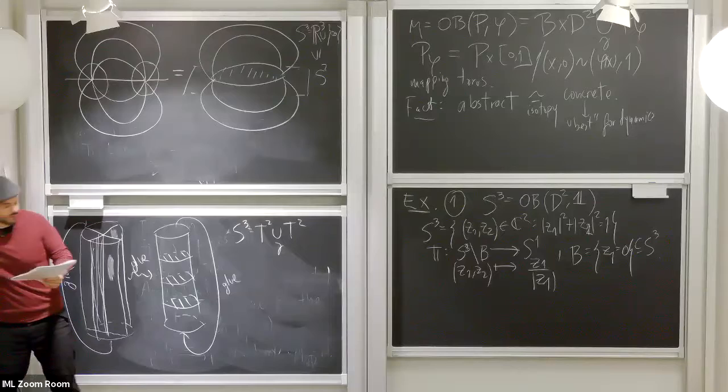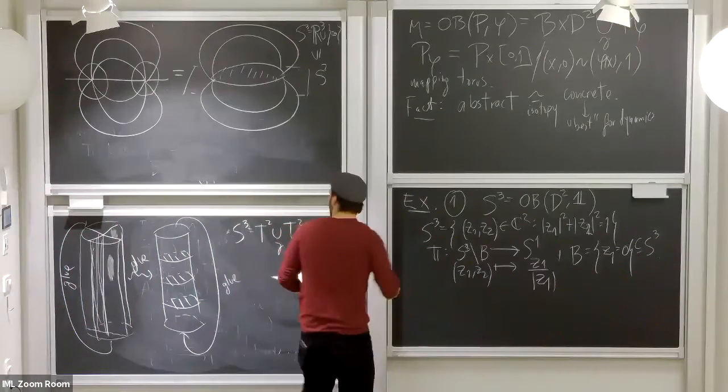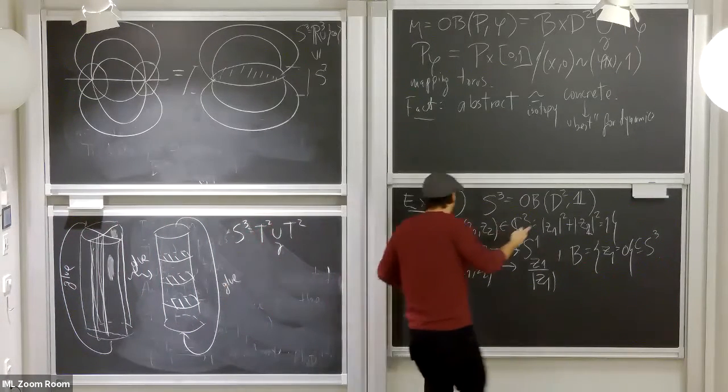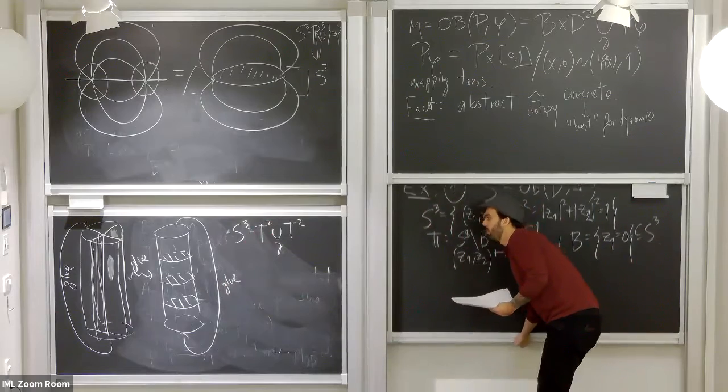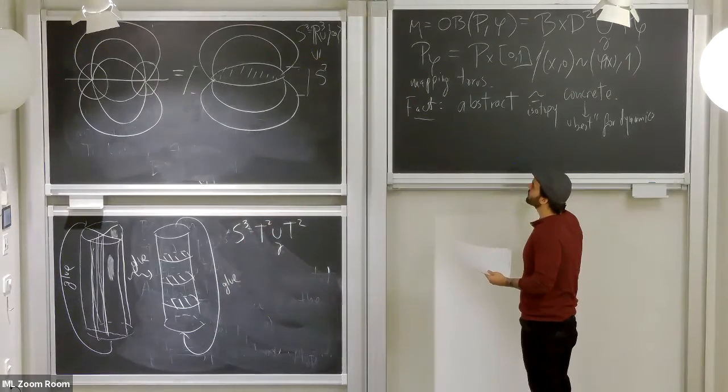There's also another open book on S3, which is not the trivial one, which is obtained by a well-defined notion of stabilization of an open book, which is the following.